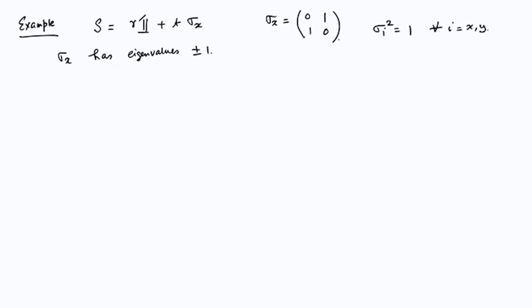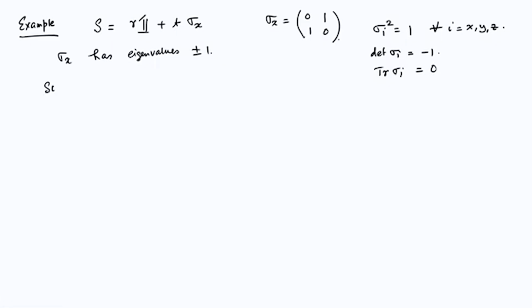It's not relevant here, but still let me tell you this: the determinant of each of the sigma i is equal to -1, and the trace of each of the sigma i is equal to 0 for all i, and so on, and each one of them has eigenvalues ±1.